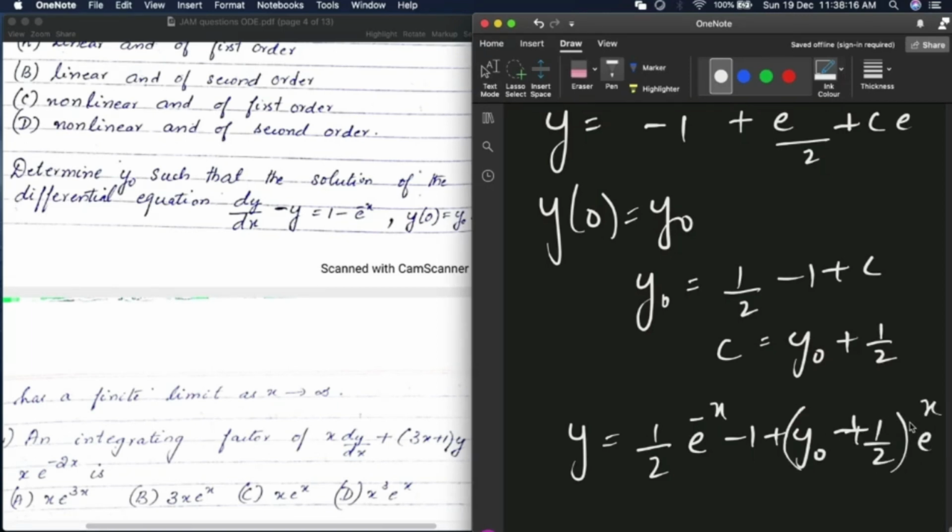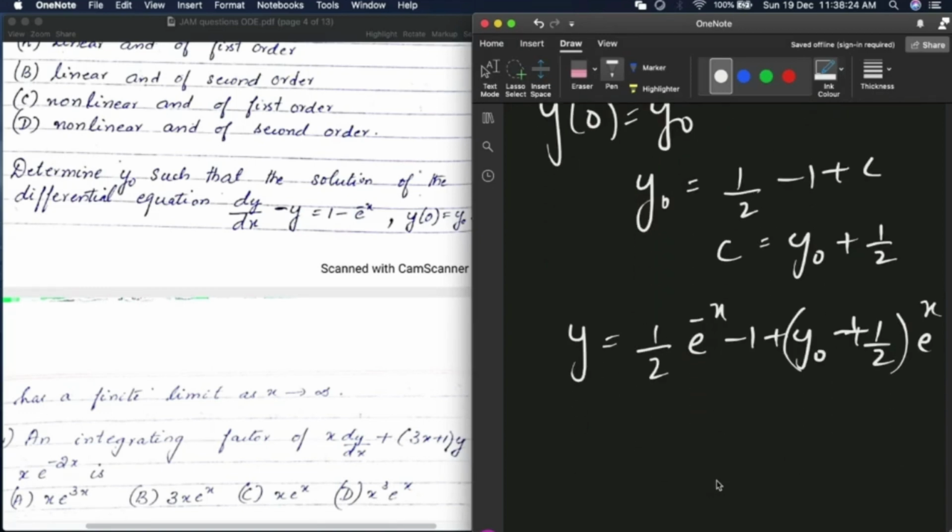You have terms e raised to x and e raised to minus x. It's given that it's finite, right? This is finite as x tends to infinity.